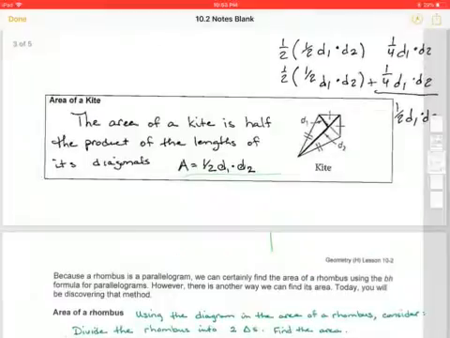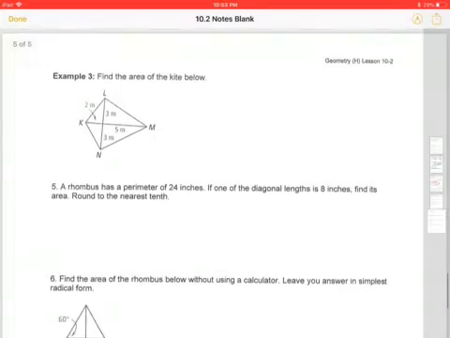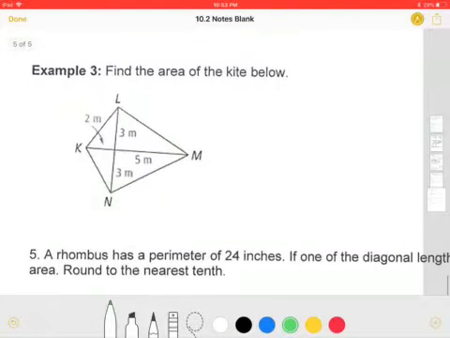A few more examples here. We're almost done. We've got the area of a kite first. We know that our diagonal stretches from K to M, hitting this 5 and this 2. So we'll call that D1. The sum of 2 and 5 is going to be 7 meters.